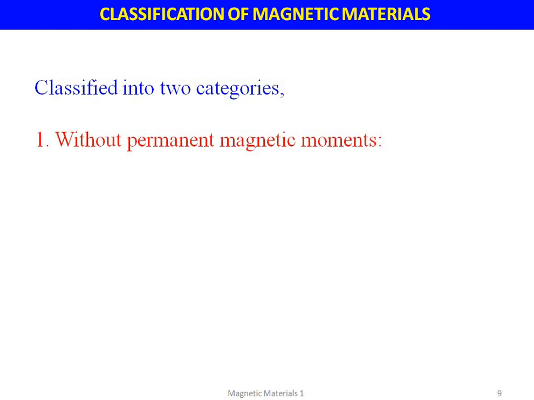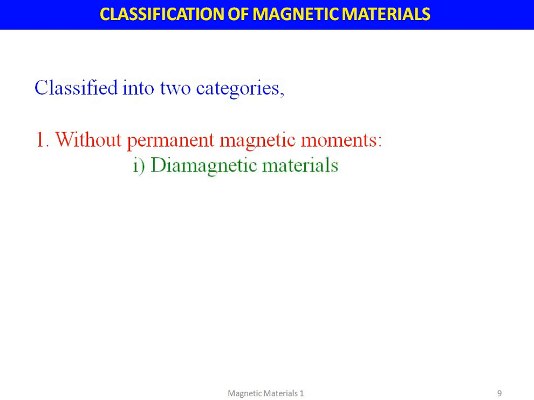Classification of magnetic materials. Basically, magnetic materials are classified based on permanent magnetic dipoles. It is classified into two parts. The first one is the magnetic materials which do not have permanent magnetic moments; the example is diamagnetic materials.